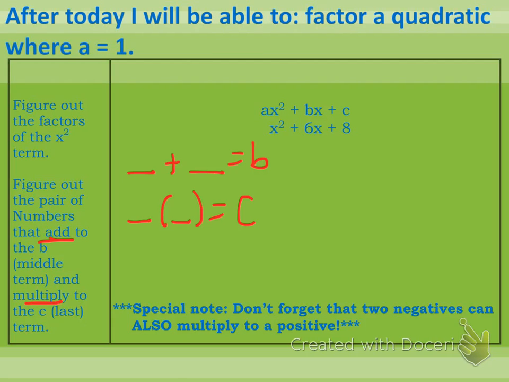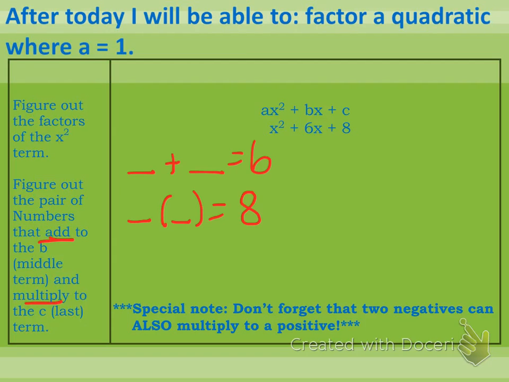Now in this case, b equals 6, and c equals 8. So what numbers add to 6 and multiply to 8?